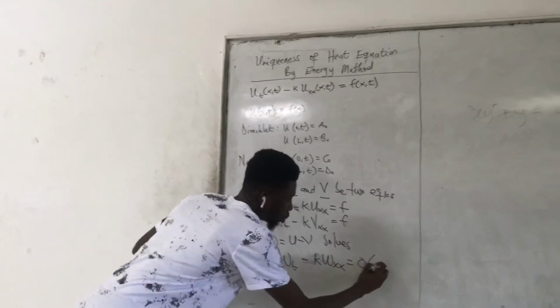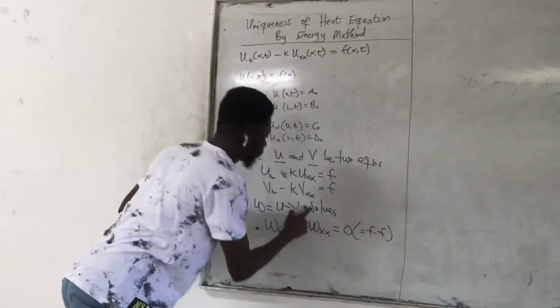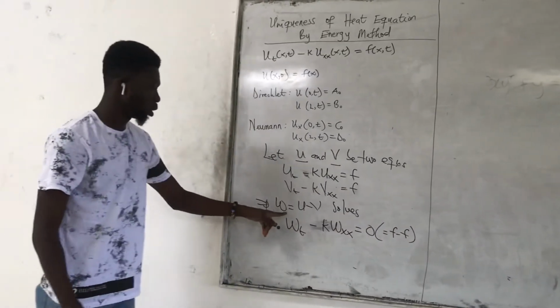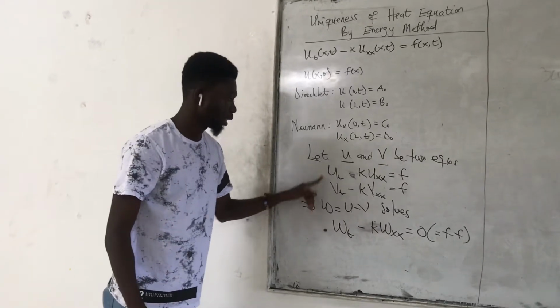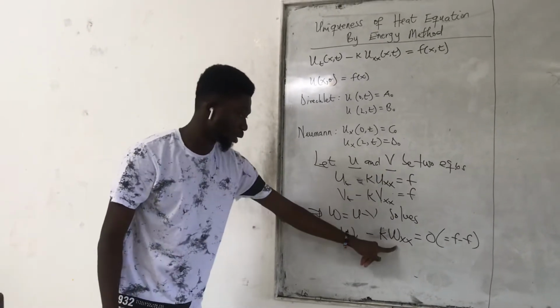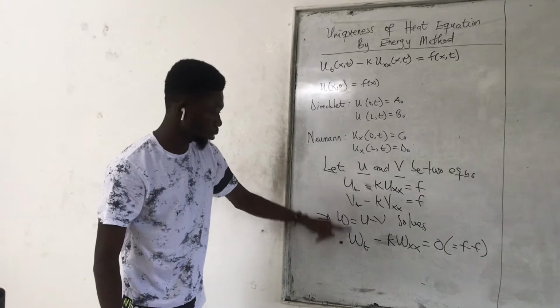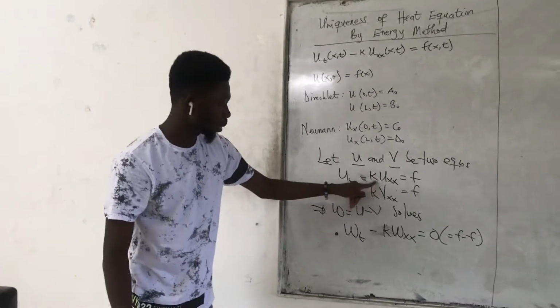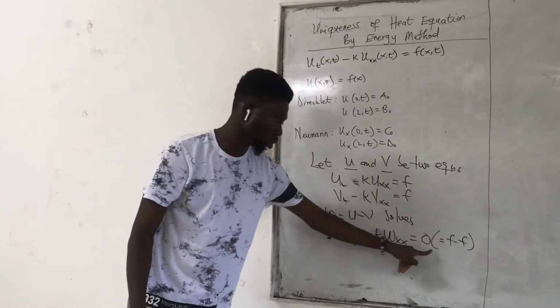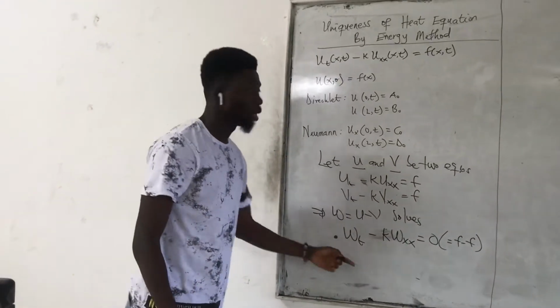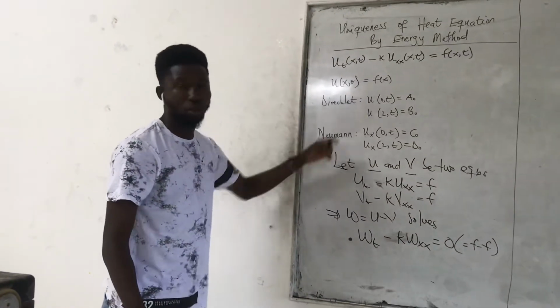This came as a result of F minus F from these expressions. Finding the difference of these two expressions quickly gives us this. This minus this is equal to W_t, and this minus this is equal to minus K W_xx, and F minus F is equal to 0. So this gives us this, and we do the same on the boundary conditions.